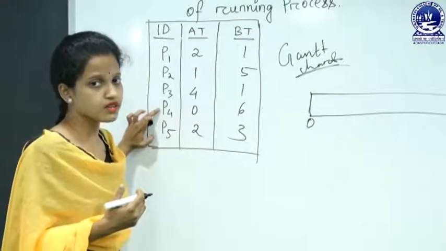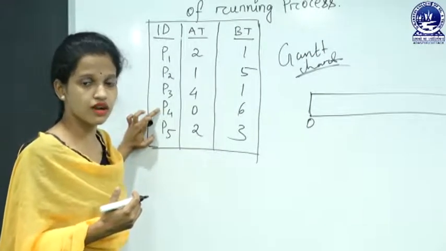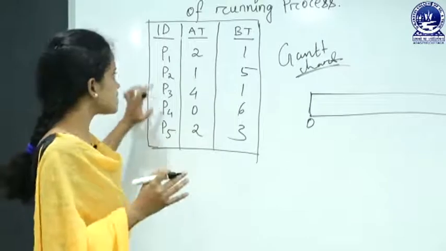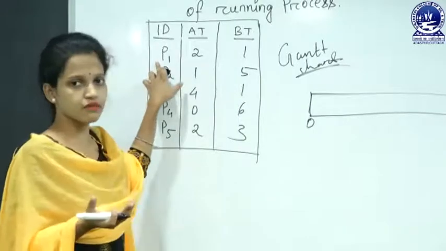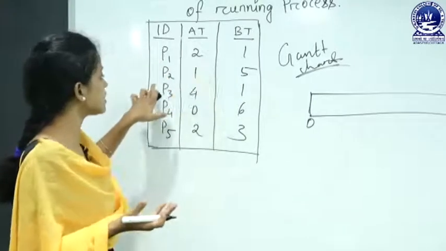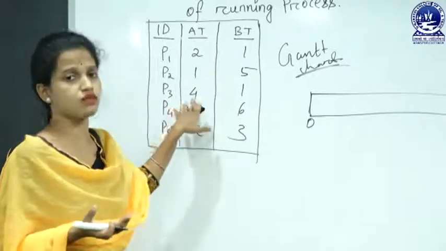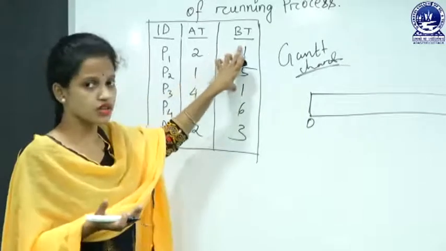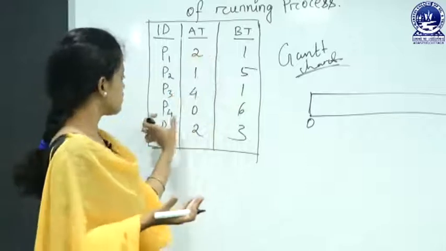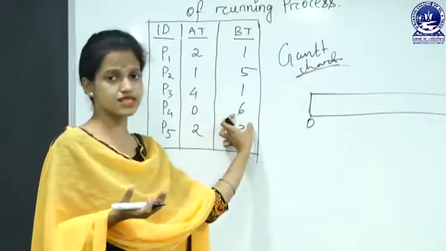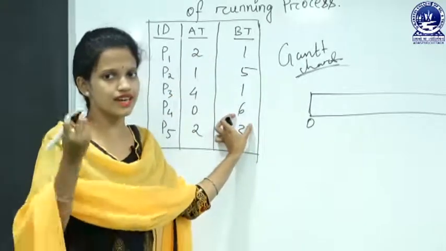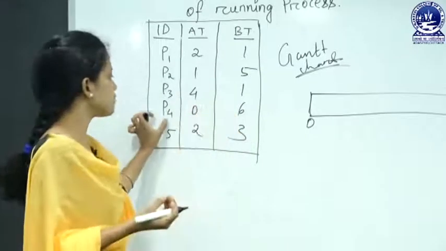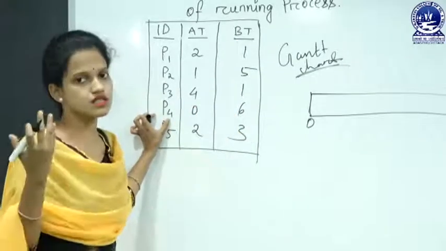Because in the previous lecture I already said that we have no choice. The arrival time of P1 is 2 milliseconds, the arrival time of P3 is 4 milliseconds. Whether the burst time is smaller, P4 has the higher burst time, but we have no choice. In the ready state, P4 has already come.